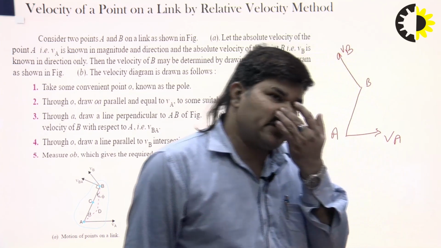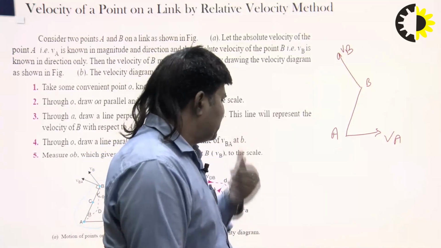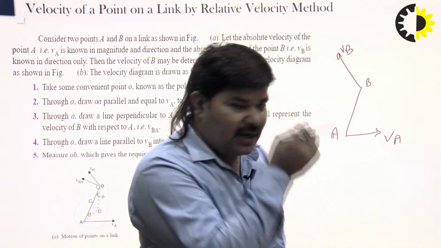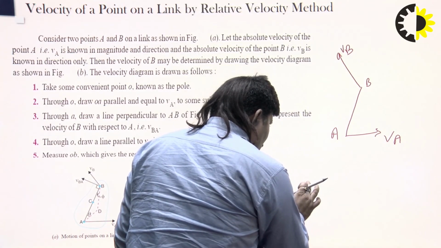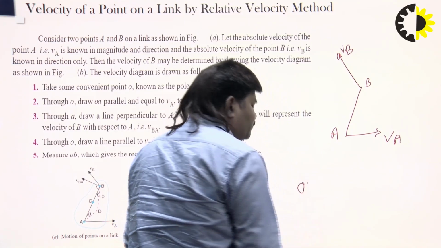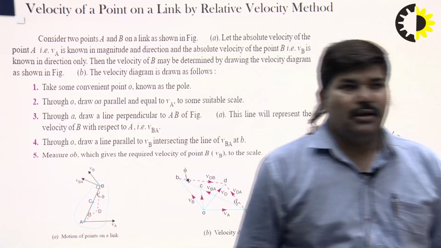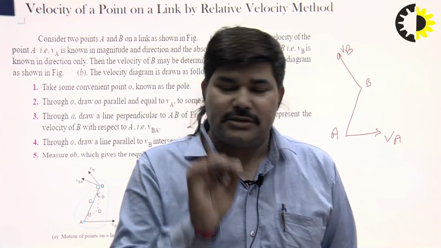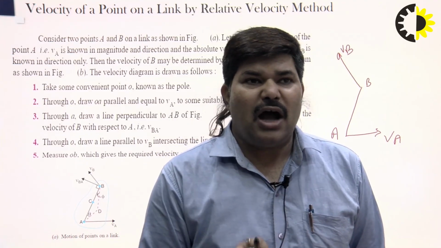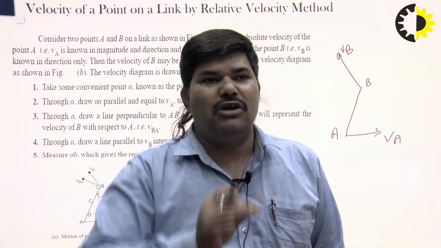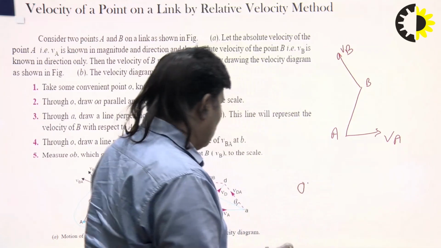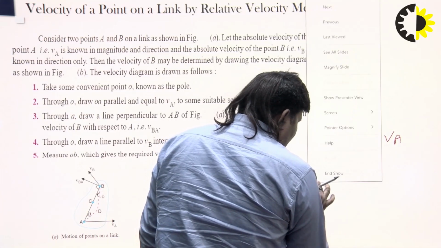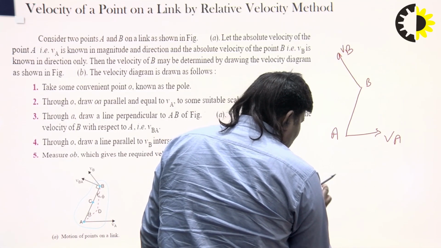There are basically 5 basic steps. The first one is to take some convenient point, known as the pole point. So you can take some point O somewhere. Second, through O, draw OA parallel and equal to VA.